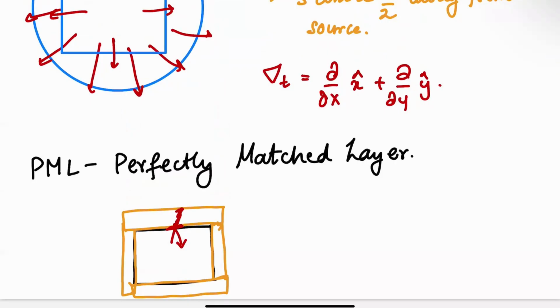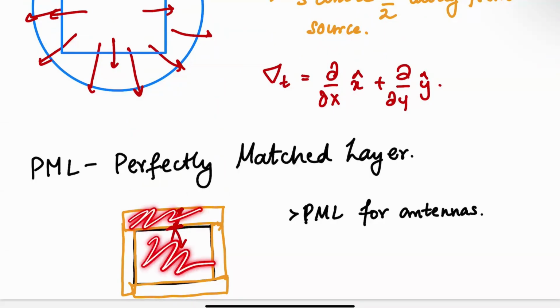Okay, so this can actually be quite nice. In fact, HFSS recommends PML boundaries for antenna problems, as far as I know. The solution domain can be slightly larger because you have to also solve for the medium here, not just the air box inside.